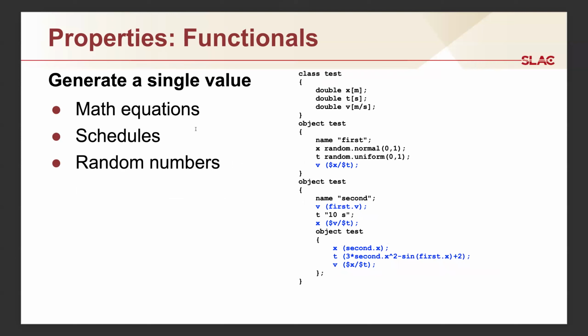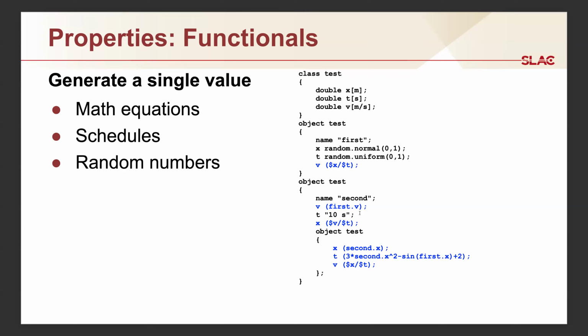Functionals are basically inputs to variables that are always going to generate a single double value. So a real value that's not a complex number, just a single real value. They can be implemented as math equations, as you see here in this first example, where the value v is simply x divided by t.